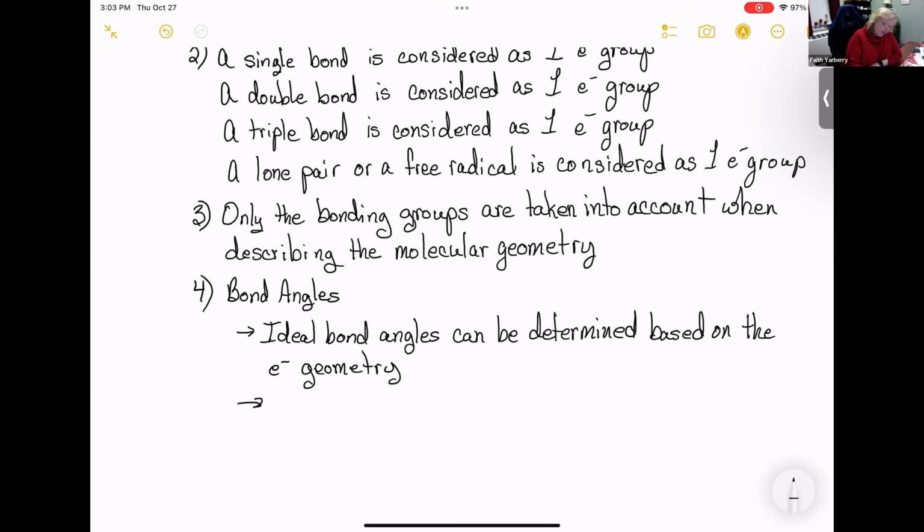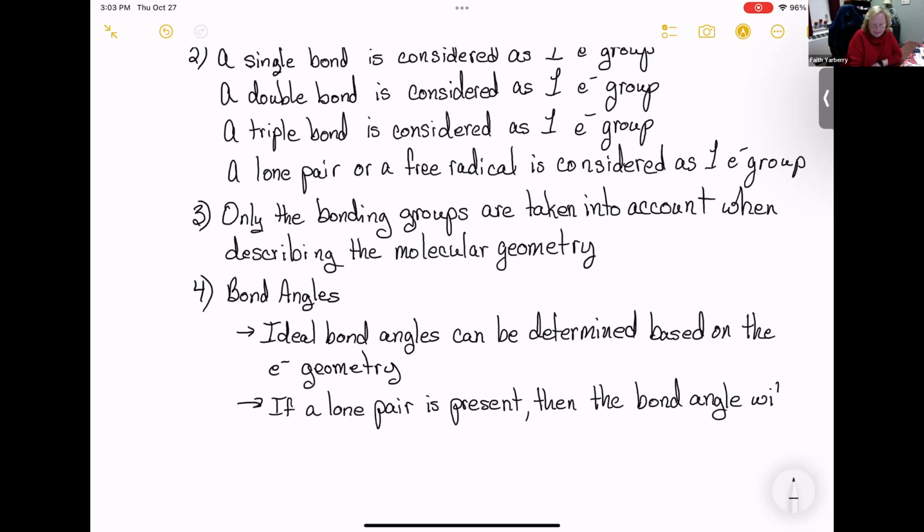But if a lone pair is present, then the bond angle will be less than ideal.